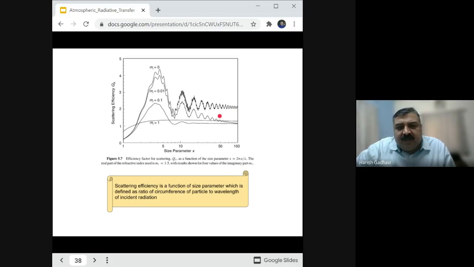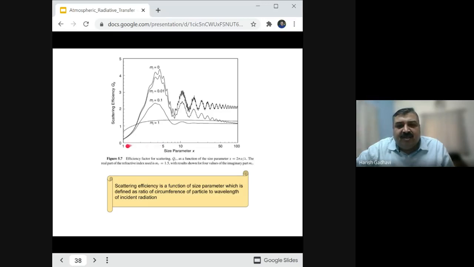What this curve shows is that if the particle has no absorption, it's a purely scattering type of particle. Let us say you have an aerosol particle with a size of 0.5 micrometer, and you have green wavelength that also is 0.5 micrometer.